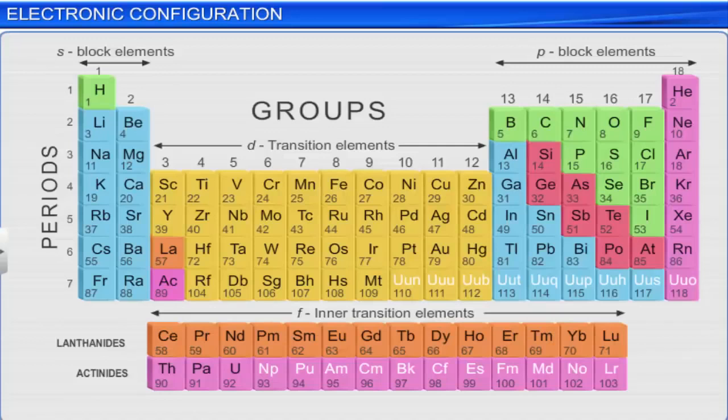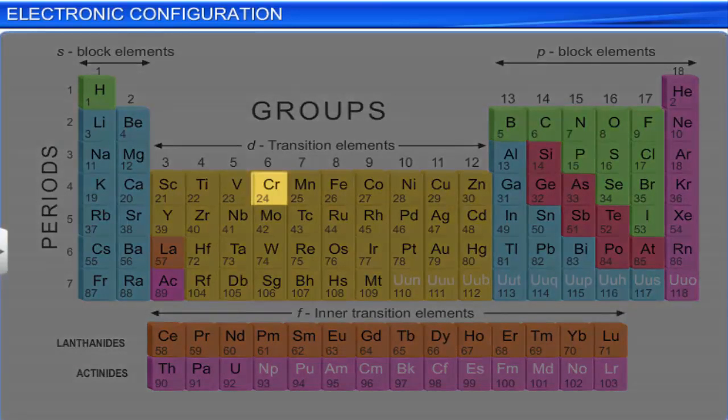The electronic configurations of chromium that has 24 electrons and copper that has 29 electrons do not follow the general trend.